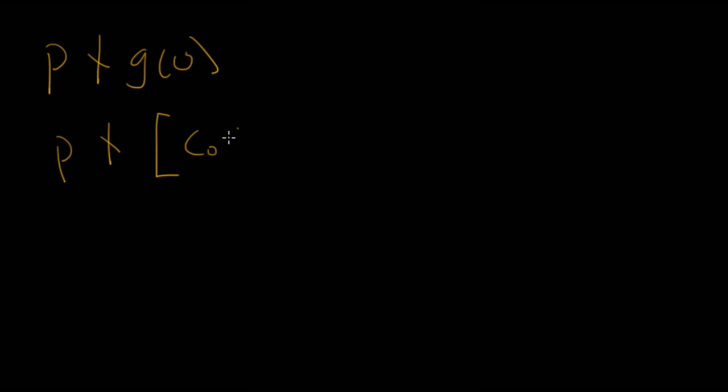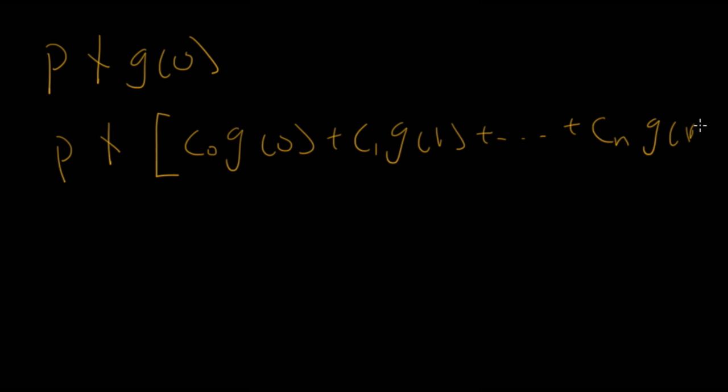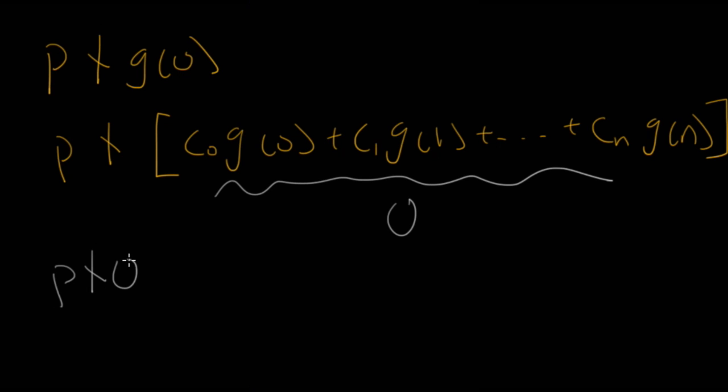So using what we know from earlier, that p does not divide g of 0, we can conclude that p must also not divide c sub 0 g of 0 plus c sub 1 g of 1 plus c sub n g of n. But we know that as p gets very large, this approaches 0, and p definitely does divide 0.